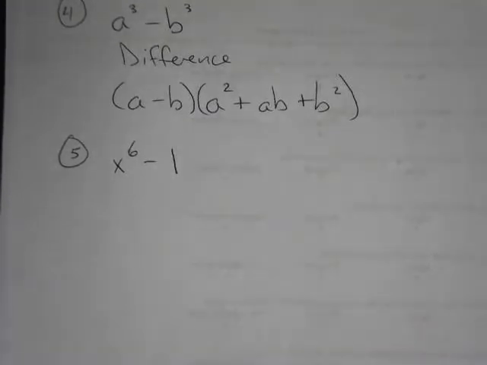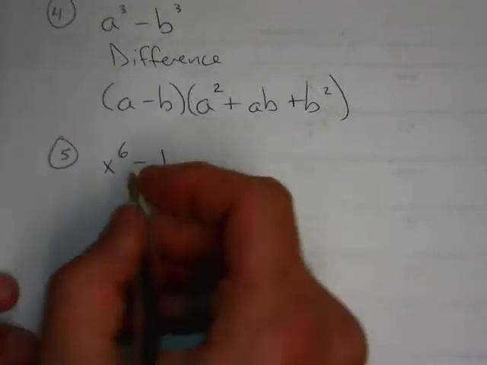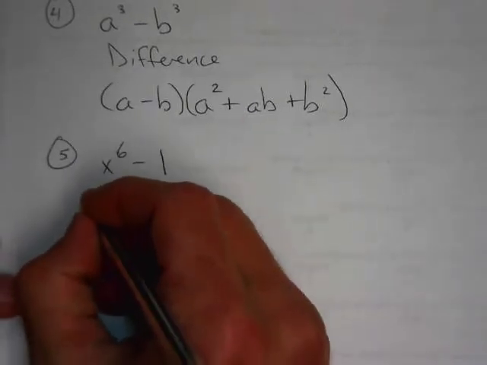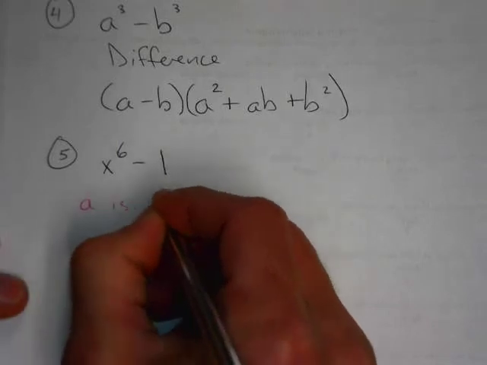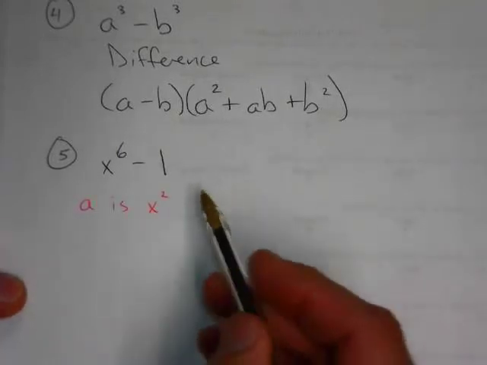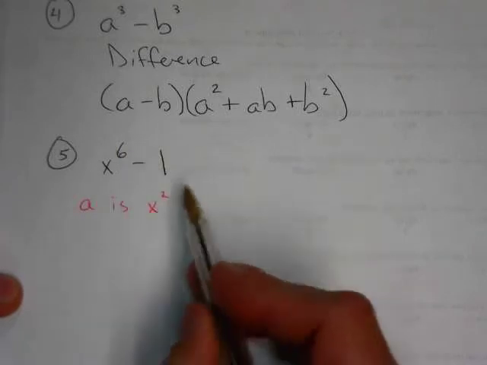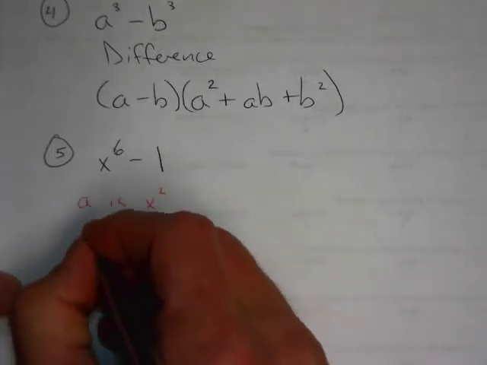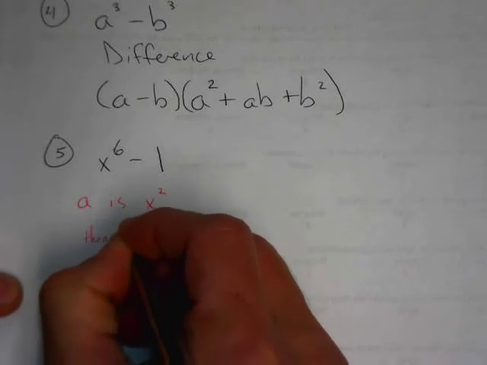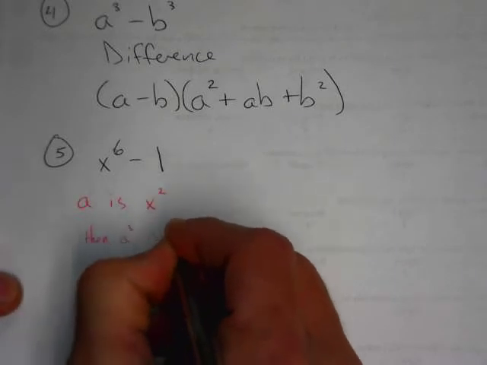If you remember from our previous lesson on factoring using substitution, what if we say a is x squared? Wouldn't then a to the 3rd power be x to the 6th, right? So that means a to the 3rd power is x to the 6th.